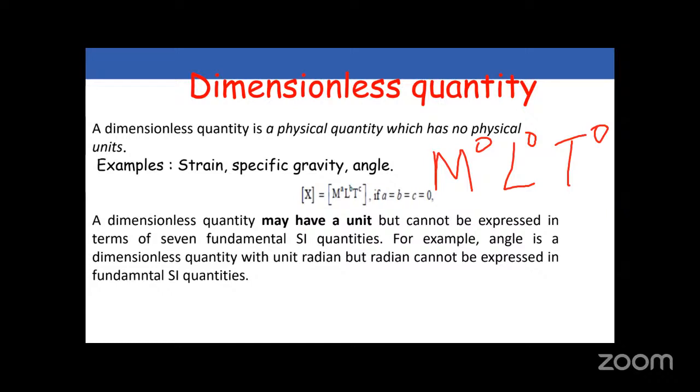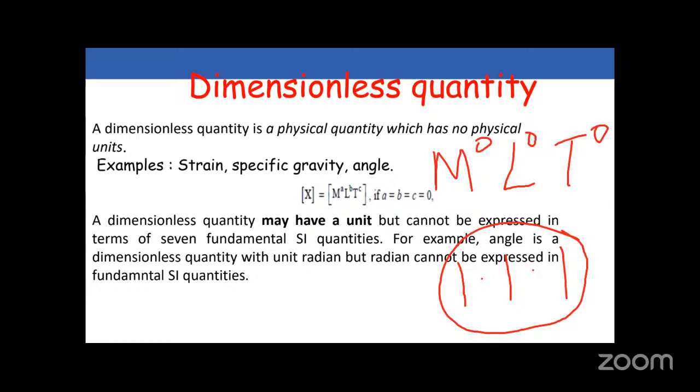Remember, whatever is raised to 0 is equal to 1. So M raised to 0 is 1, L raised to 0 is 1, T raised to 0 is 1. So these together show that a dimensionless quantity physically has no units, or we can say that the unit is equal to 1.